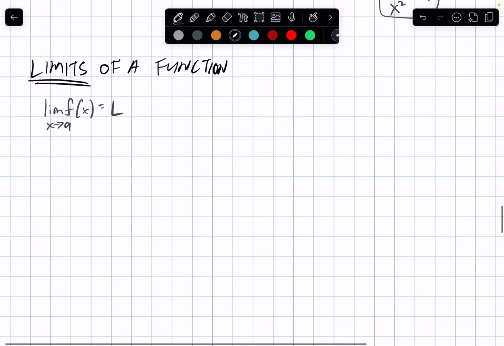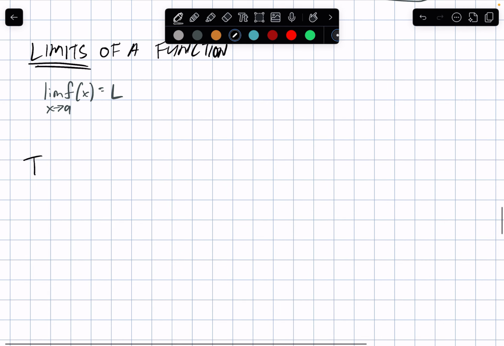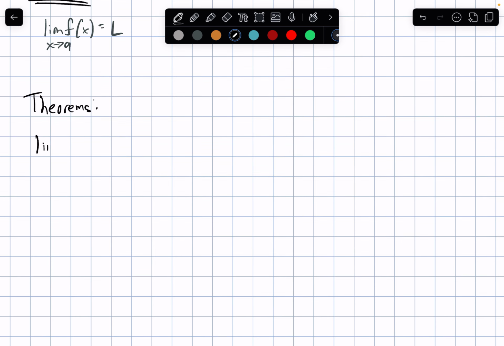So let's have a rundown on the theorems of limits. So the limit of c as x approaches a is still c, assuming that c is a constant. Okay?